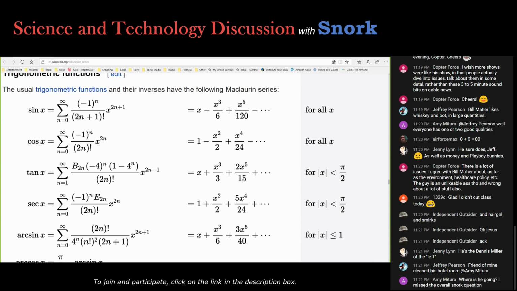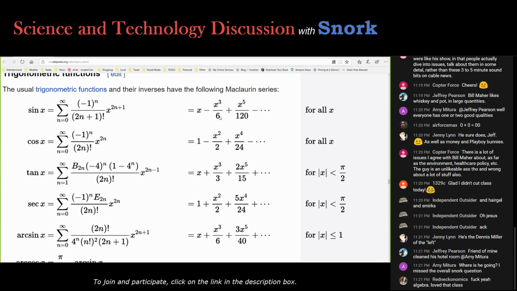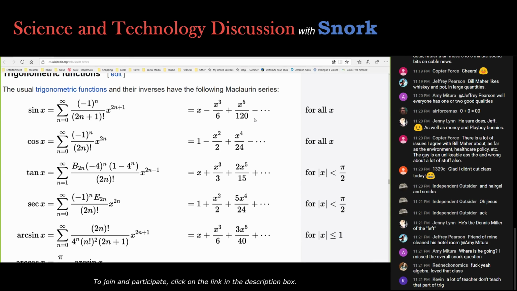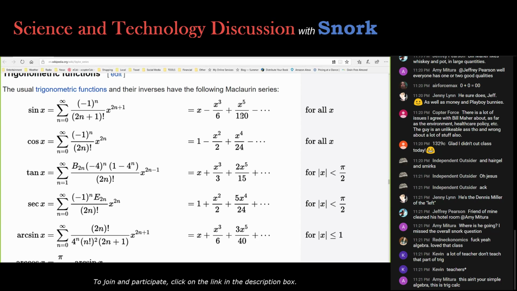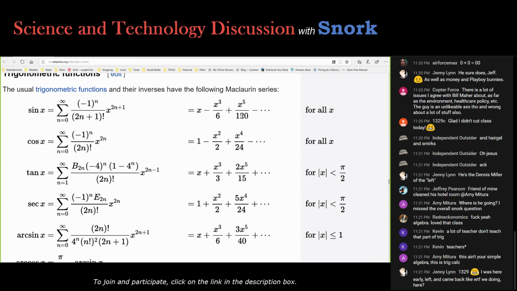And he figured out a way to transform them into a series of numbers that you could add up. And what this means is that if you put in the number n into this equation and calculate out that piece, and then change n to a 1, calculate out again. If you add all of those up together, they come out to the sine of that angle.